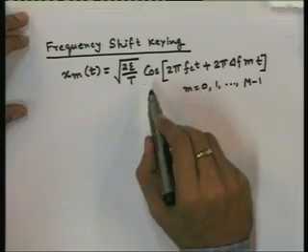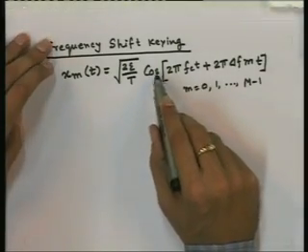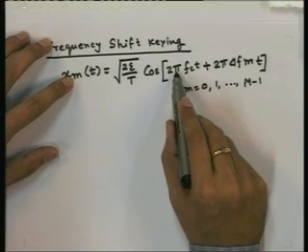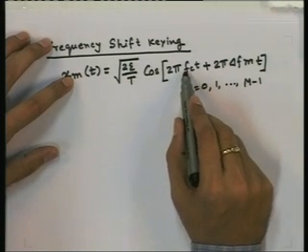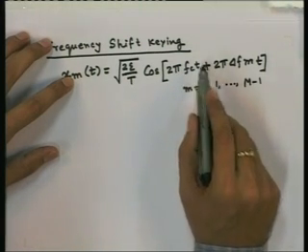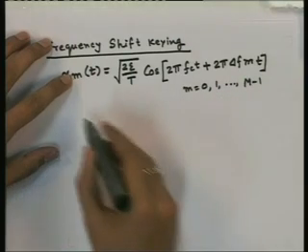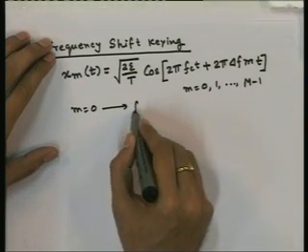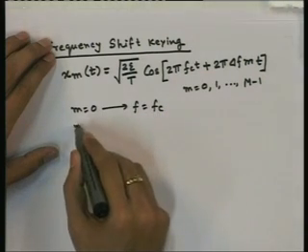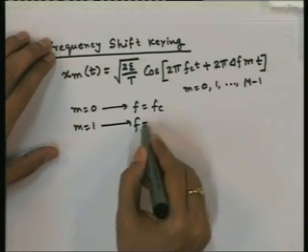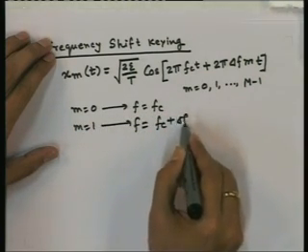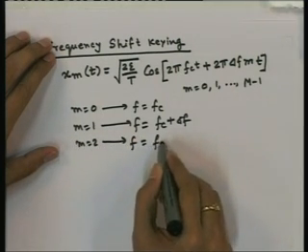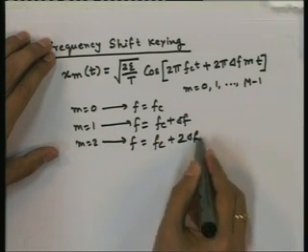So for m equal to 0 we will transmit cos 2 pi fc t. For m equal to 1 we will transmit cos 2 pi fc plus delta f t. So the frequency we will transmit for m equal to 0 will be fc. For m equal to 1 we will transmit fc plus delta f. For m equal to 2 we will transmit fc plus 2 delta f, and so on.